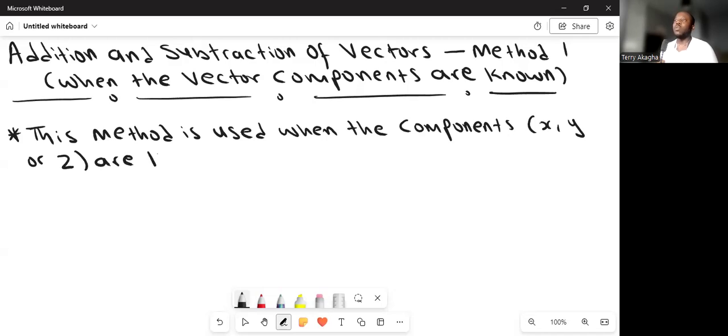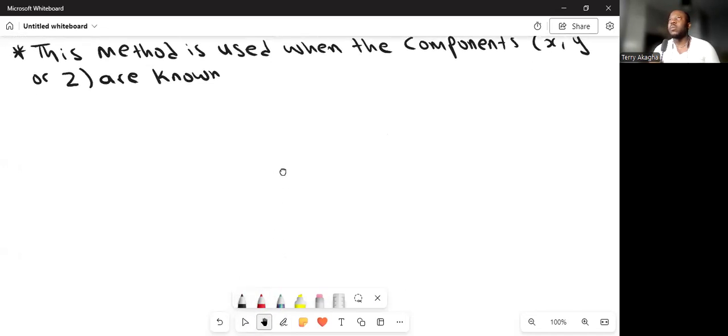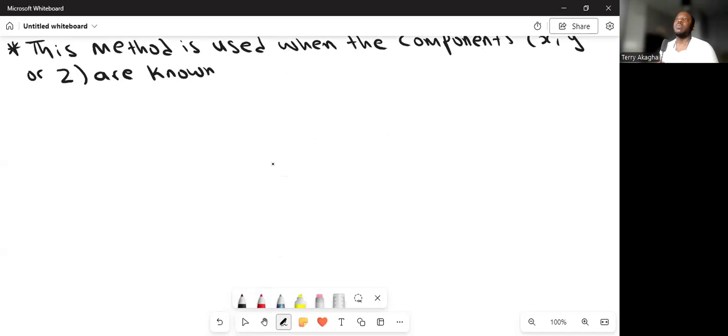If it's a 2 component, it's going to be x and y. If it's a 3 component, it's going to be x, y, and z. So now we have 3 rules for doing this, or you can write 3 steps.